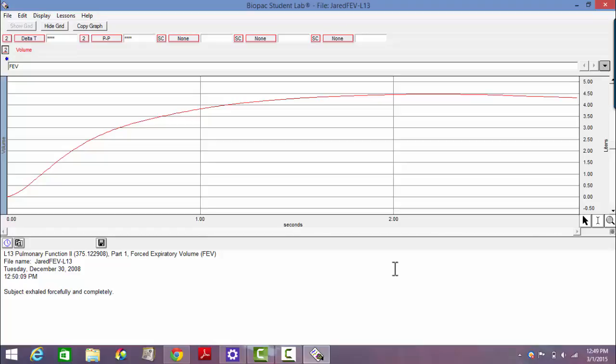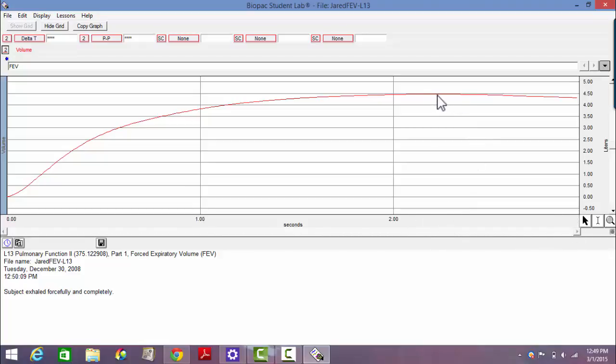And then we selected this forced expiration and asked the computer to calculate forced expiratory volume. And what the computer did was it took that section of the graph and inverted it, and then it turned it into this graph.